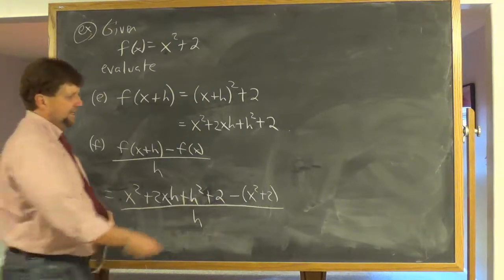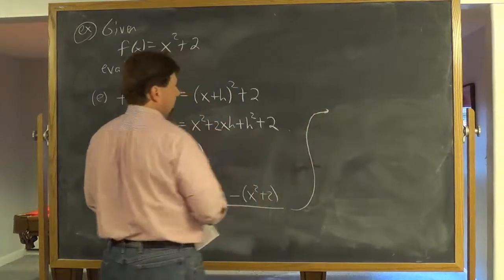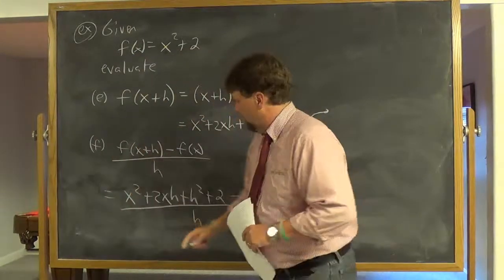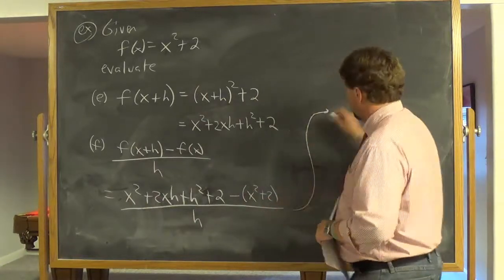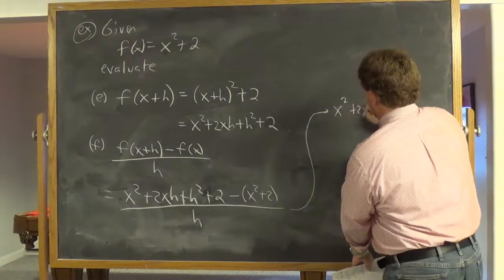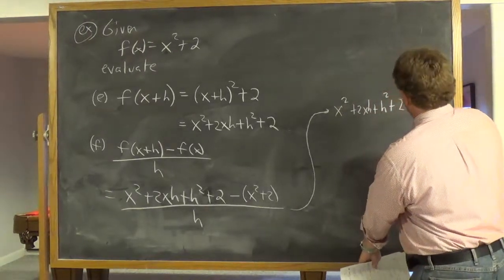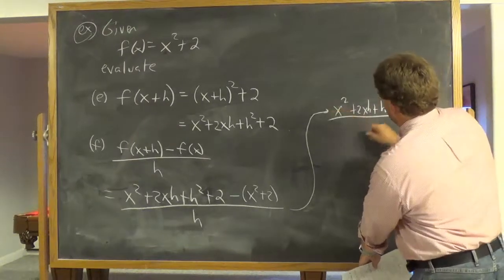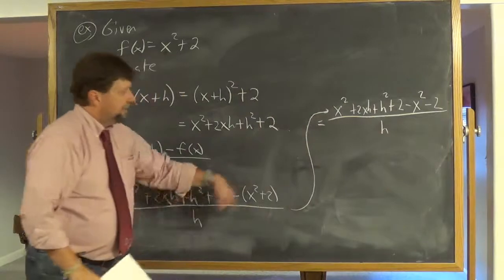And you know, we can clean this up just a little. So let me kind of tag it up here. And when I say clean it up, if we distribute the negative 1 here, we get an x squared plus a 2xh plus an h squared plus a 2 minus x squared minus 2 all over h. So that's just distributing the negative.